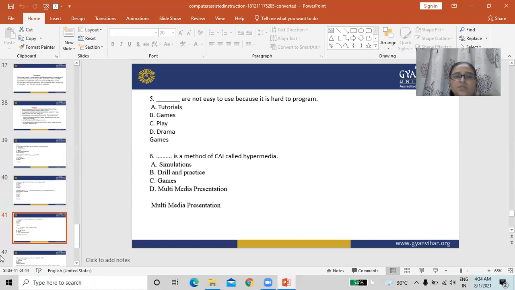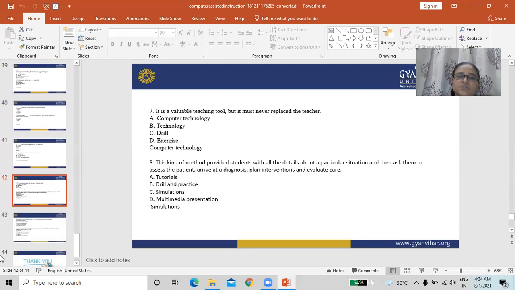Next MCQ. The blank is the method of CAI called hypermedia. Option A simulation, option B drill and practice, option C game, option D multimedia presentation. Correct answer is multimedia presentation.